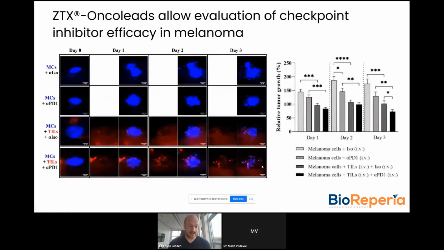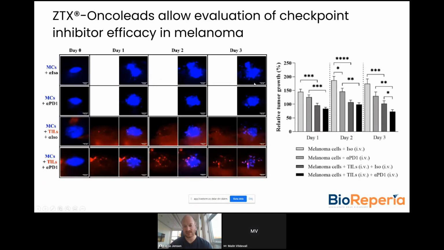In a study done with a pharma company in Israel, looking at the efficacy of checkpoint inhibitors, we studied melanoma and saw that melanomas that grew a little bit from day 0 to day 3, here shown in blue color, were not impaired when adding checkpoint inhibitors alone.